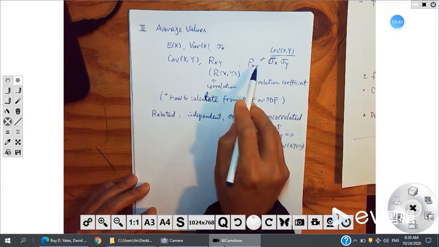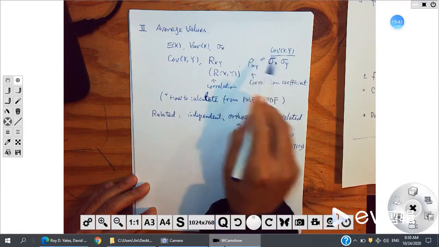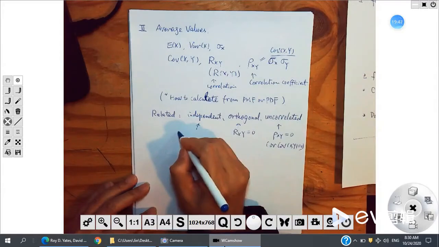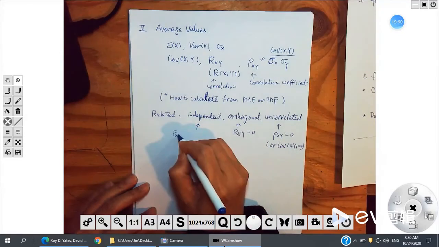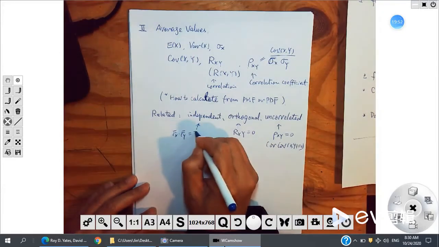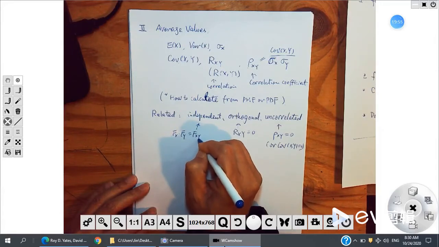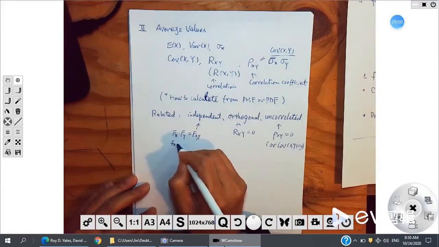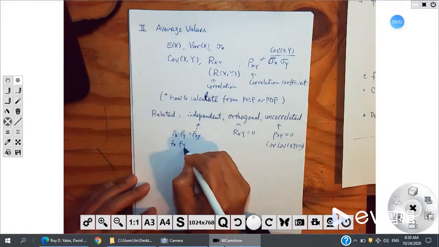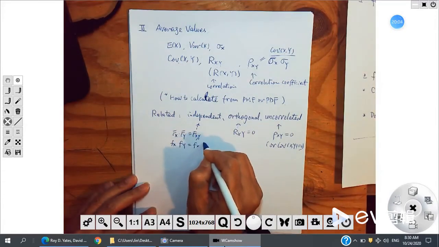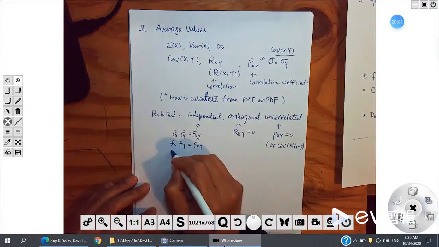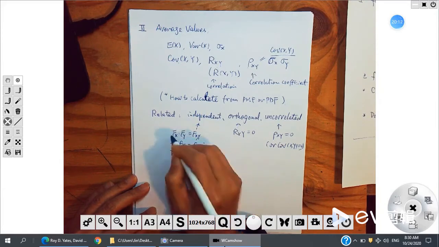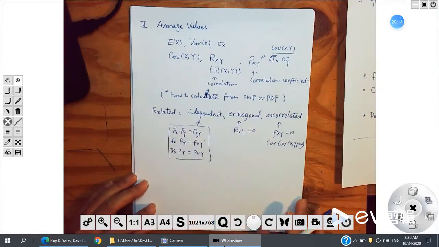That's the same thing, right? They are related. If this is 0, this one must be 0. And this one corresponds to f x times f y equal to f x y, maybe using a PDF or maybe the PMF. One of them. This is independent.